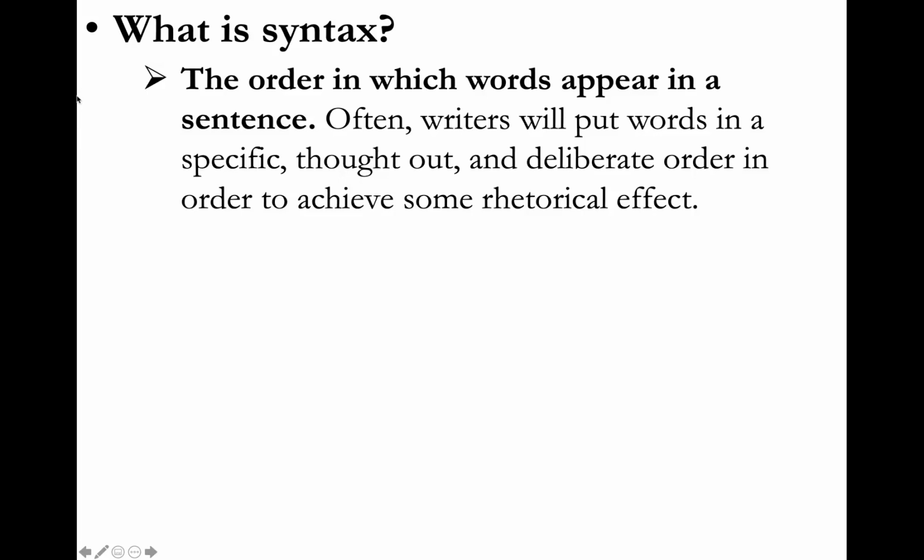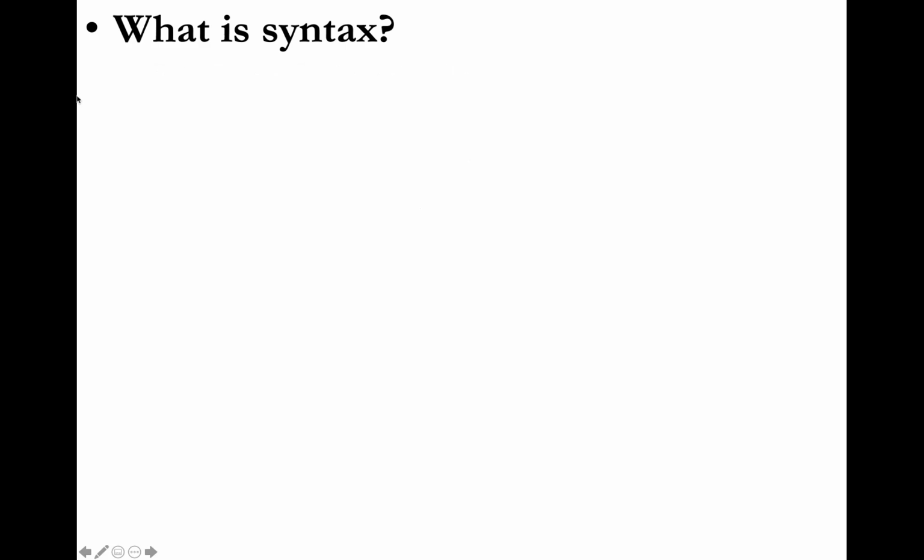But often writers will put words in a specific, thought out and deliberate order in order to achieve some rhetorical effect, to make the audience feel a certain way or to try to convince them of something. The way the words are ordered actually ends up helping the speaker to be more convincing.